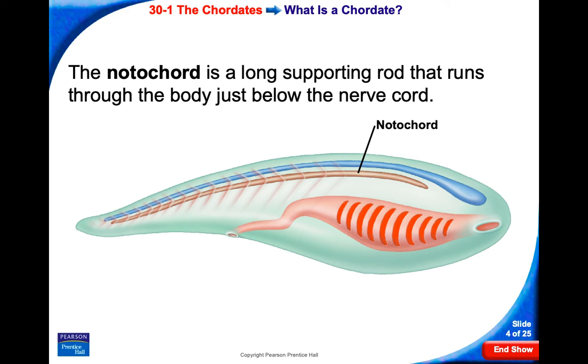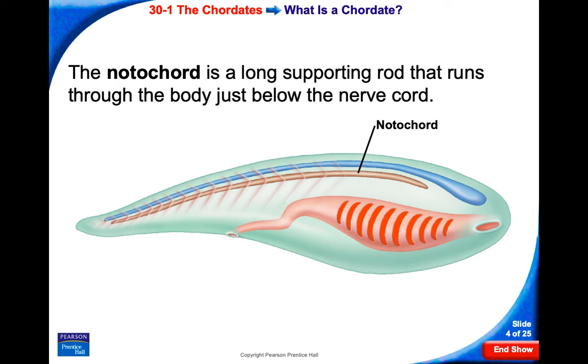Okay, one of the things you labeled was a notochord. The second key characteristic is to have a notochord. So a notochord is a long supporting rod that runs through the body just below the hollow nerve cord. So you can see it just below it. And for most chordates, this notochord only occurs in their embryo stage.